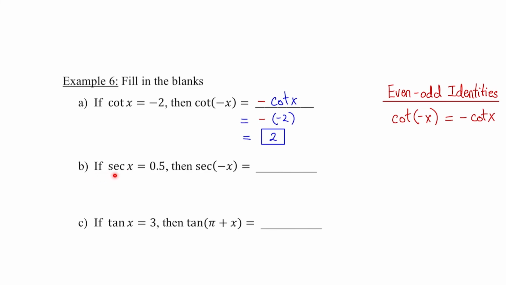B. If secant x is 0.5, then secant of negative x equals. Secant is an even function. So secant of negative x equals secant x. So I have here secant of negative x equals just secant x, which is 0.5.